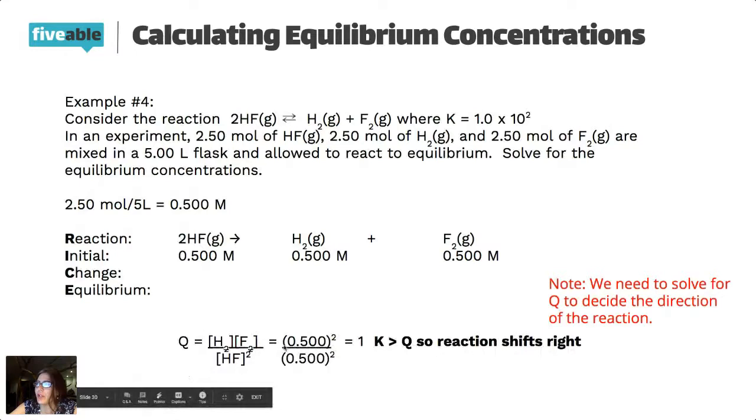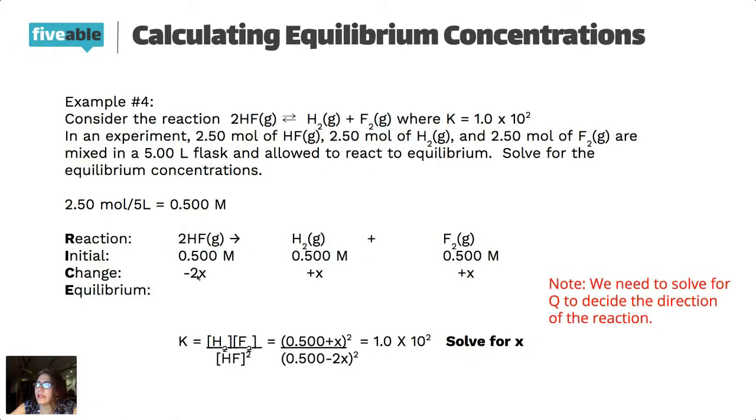So we solve for Q with the initial concentrations, and Q is 1. So K is greater than Q, so the reaction will shift right. So then we decide minus X because this will go to the right, and we have to consider the coefficients.